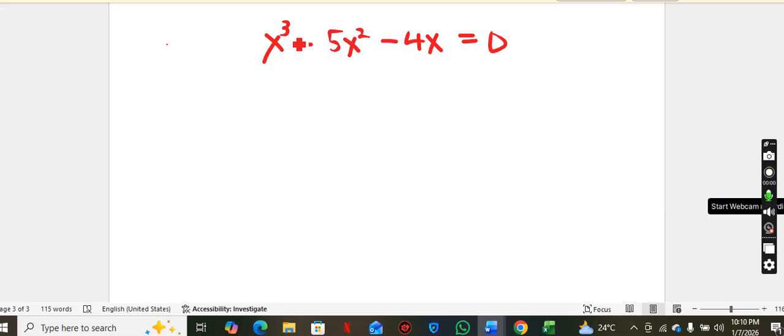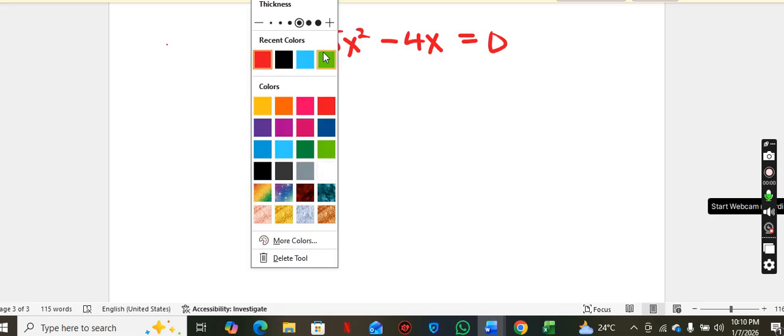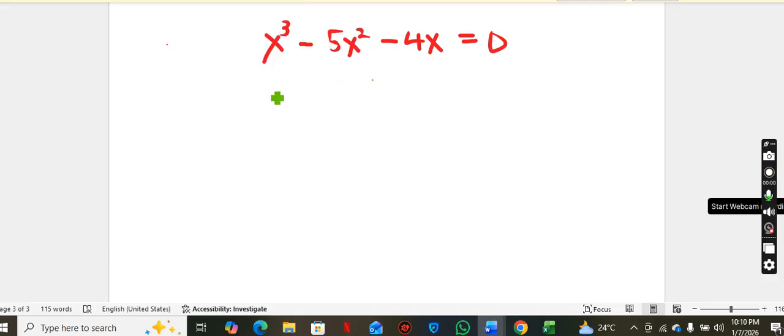Alright, since we can see that every term in this equation has got an x, you can factor out this cubic function. The common factor here is x. Whenever you're factorizing, put the common factor outside, x here. Then you open the brackets. Then you say x cubed divided by x.